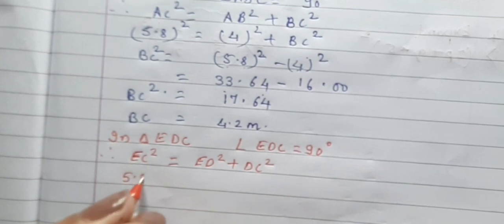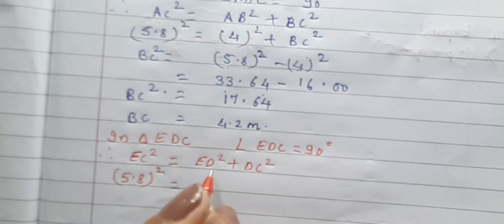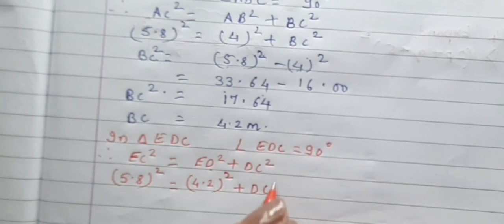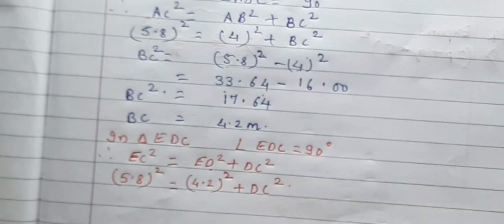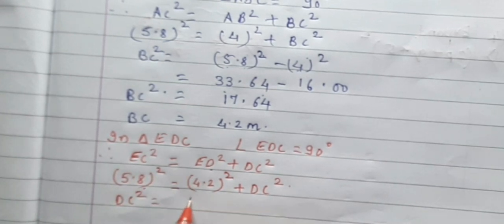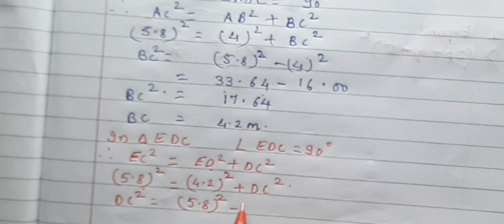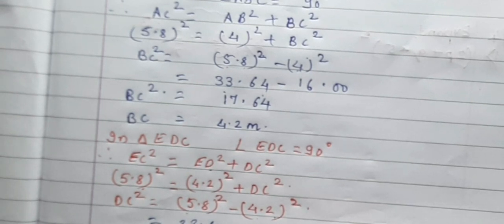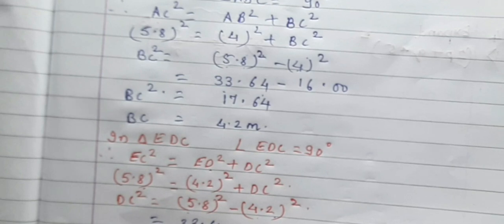EC is 5.8, whole square, equal to ED, which is given to us as 4.2, whole square, plus DC square. So first DC will take the side. So DC square is equal to 5.8 whole square minus 4.2 whole square. Right. So the value of 5.8 square is 33.64, minus 4.2 square, which is 17.64. When I subtract this, the value turns out to be 16. So DC square is equal to 16.